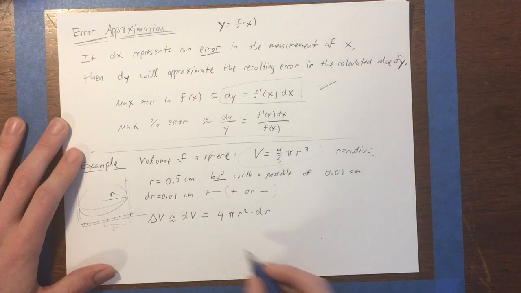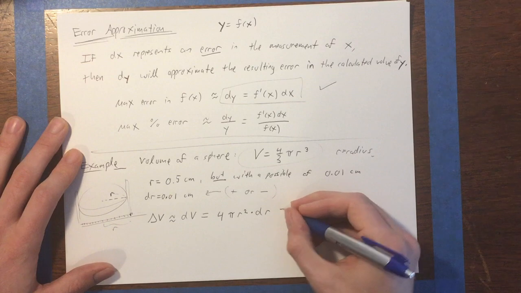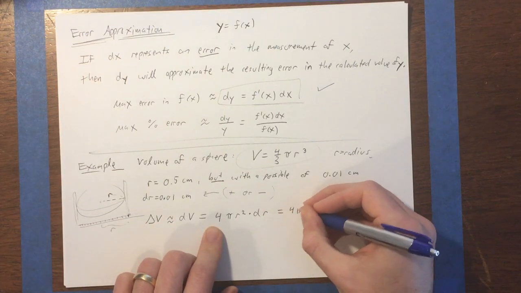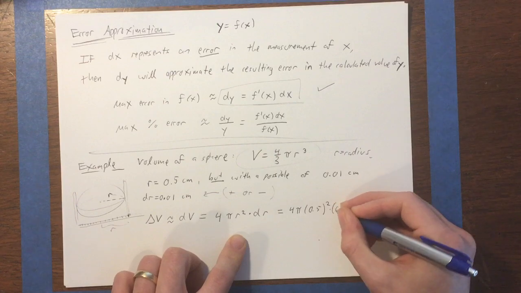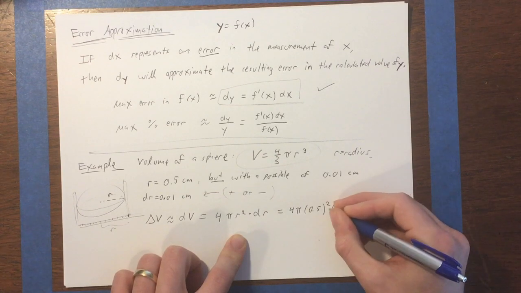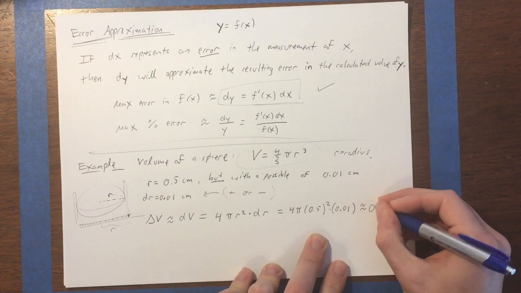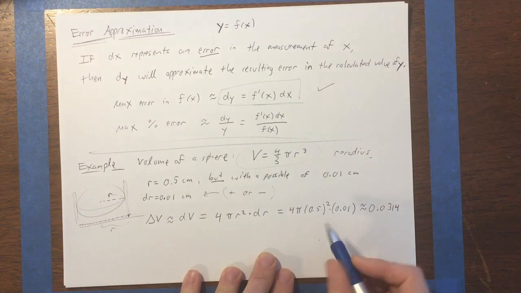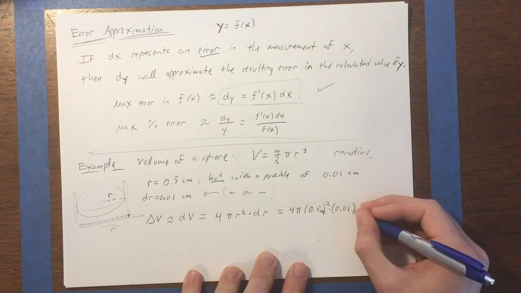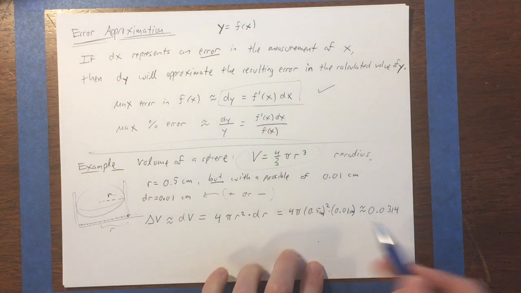So now let's calculate that value with our specific numbers. In this case, we're going to have 4 times pi times 0.5 squared, and then times 0.01. All right, and that ends up being approximately 0.0314. And since this is centimeters, and this is also centimeters, that's going to be centimeters squared times centimeters again.